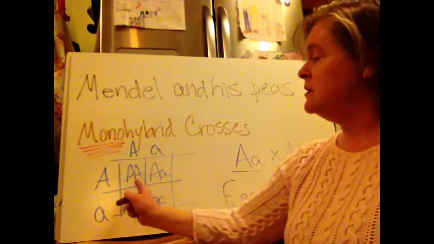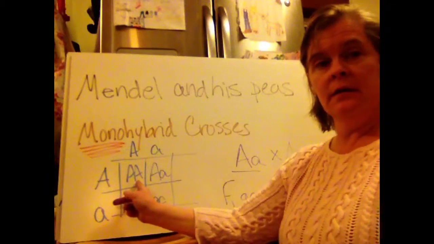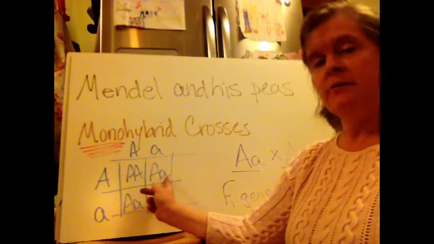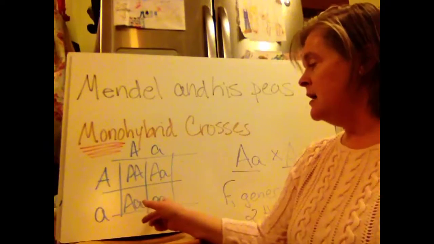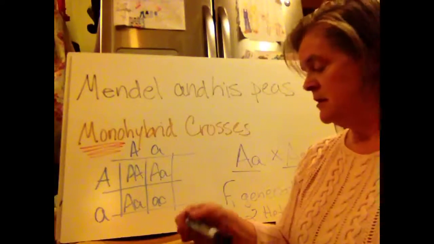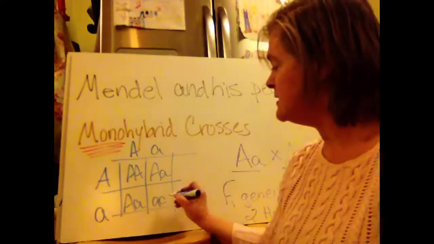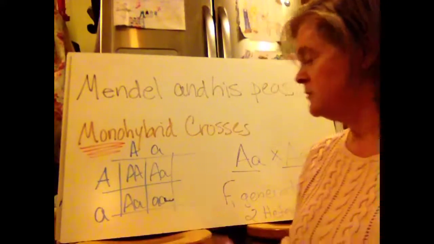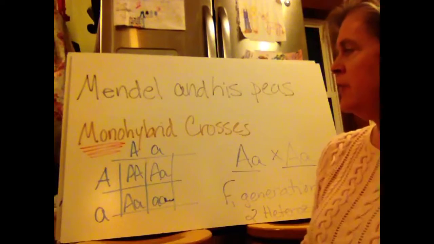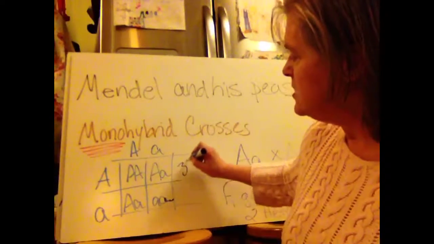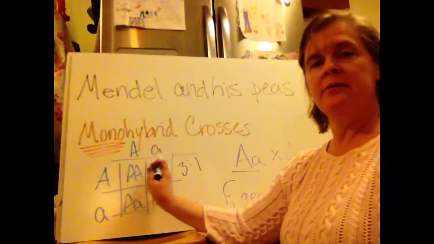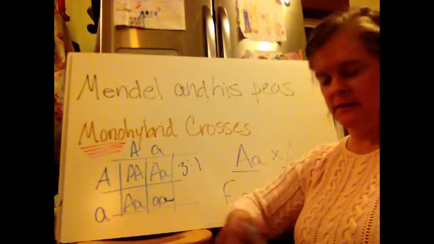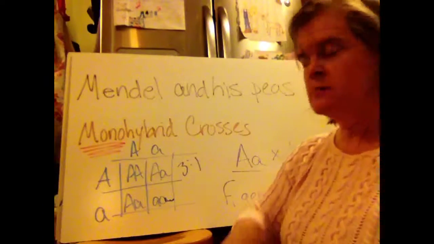So we had the homozygous dominant, the heterozygous, and the homozygous recessive, in a 3-to-1 ratio when we had heterozygous and heterozygous parents.